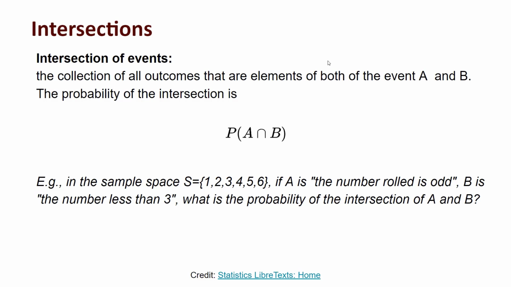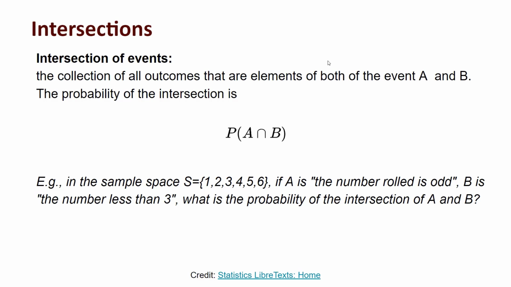If you take the collection of all outcomes that are in both event A and event B, then you are trying to figure out what's possible for both A and B to happen. So for example, in the sample space for a die you roll, you have a total of 6 possible outcomes.